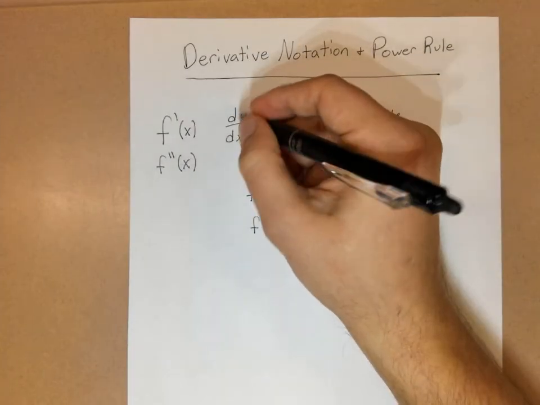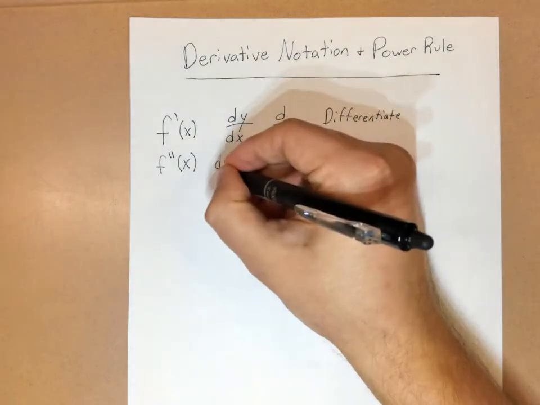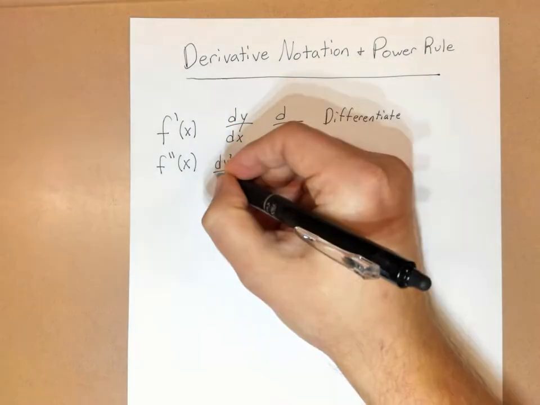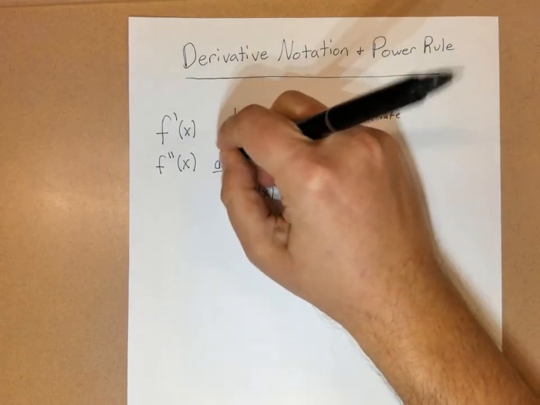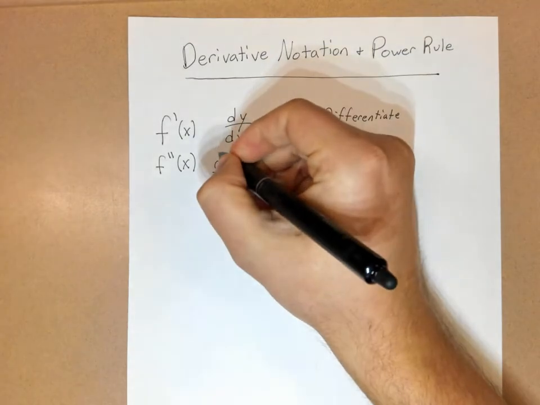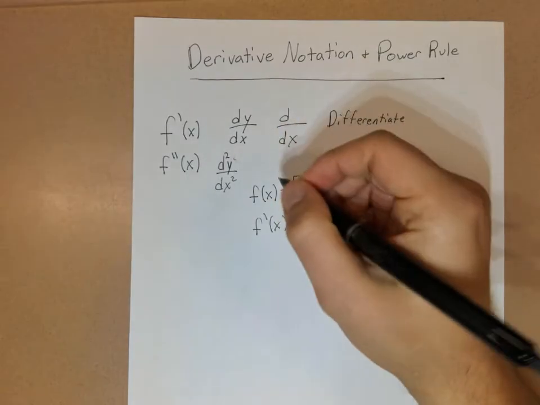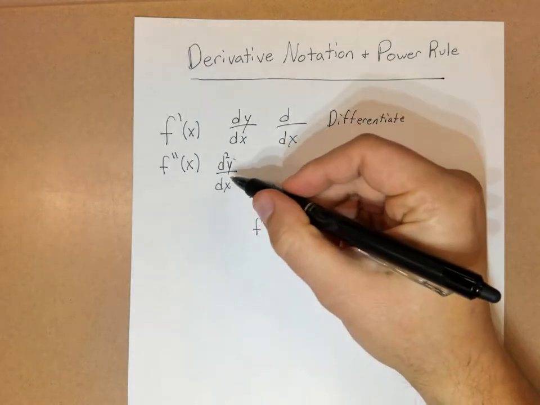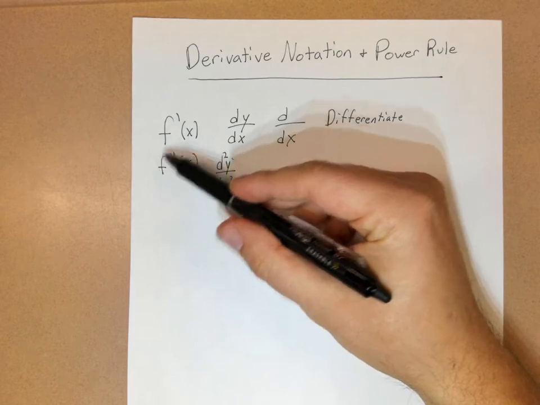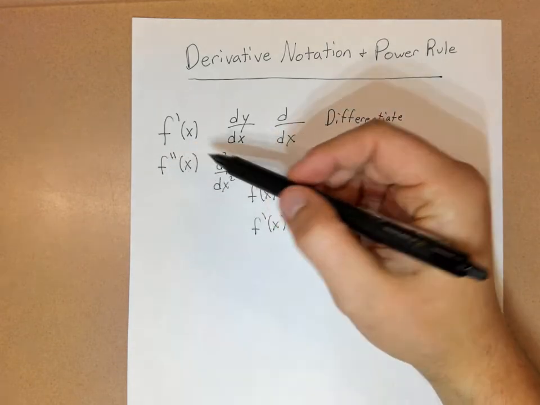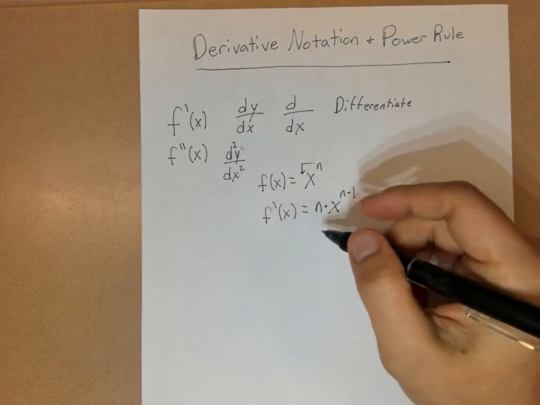And for dy dx, it'd be written as d squared y divided by dx squared. So that's just a different way of writing the second derivative. But typically, most of the time, you're going to see it as f double prime of x.